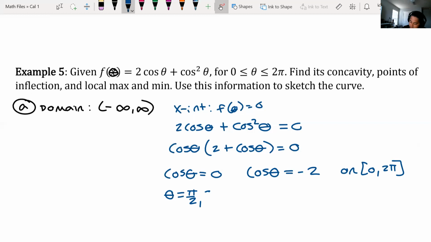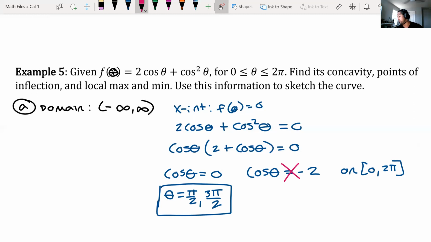Are there any values that make cosine -2? No. Well, that makes sense because the unit circle only has a radius of one. Good. So we get no values from there. Even if you applied the inverse cosine, it wouldn't work because you'd go out of bounds of -1 and 1.